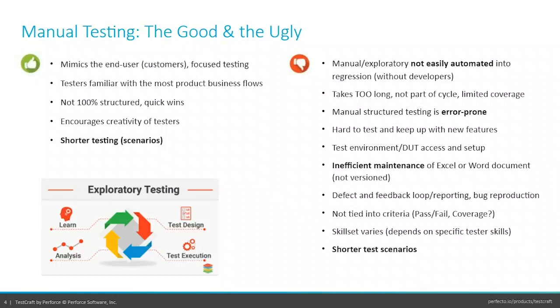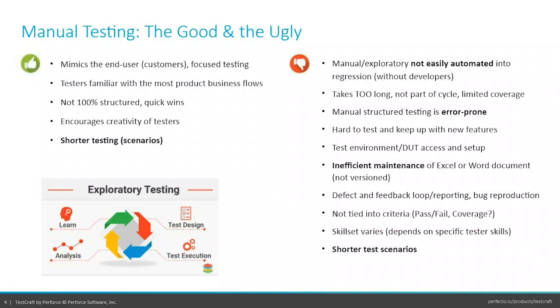So the manual testers have the ability to really imitate what an end user, what a real user would do when they use the app. They are familiar again with the main challenges, with the main business flows. They know exactly what the points are that are worth checking and that people use the most, that might break, that maybe had issues in the past, and so on.